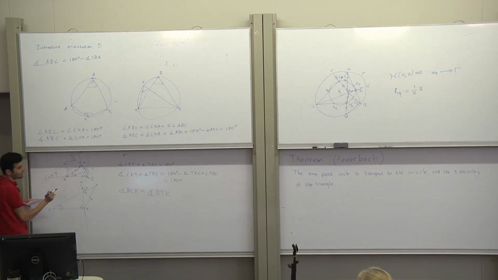We'll draw the altitude from B onto AC. I should probably write down this theorem somewhere, so you guys should take note of this.